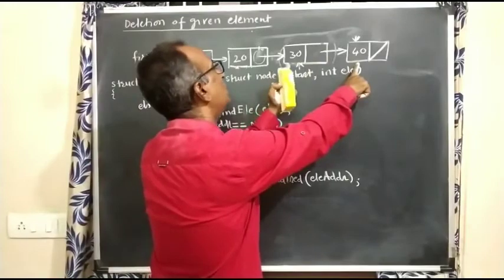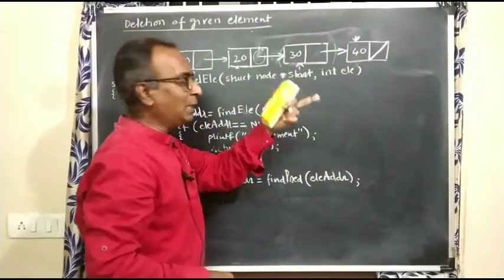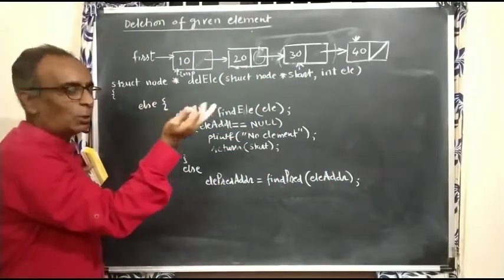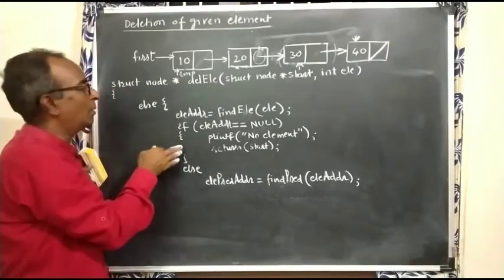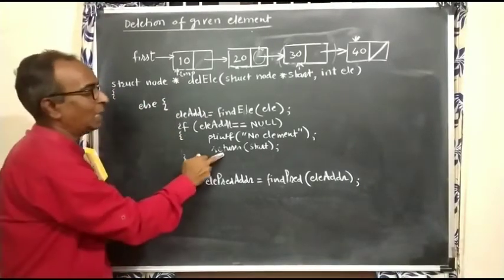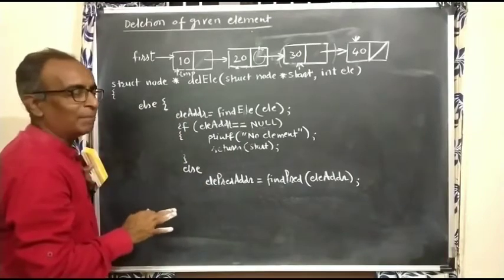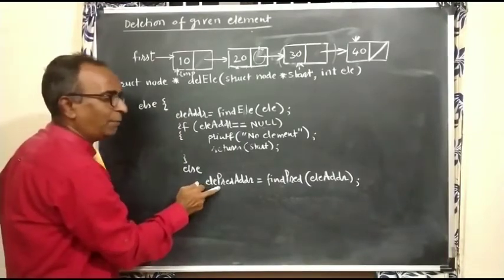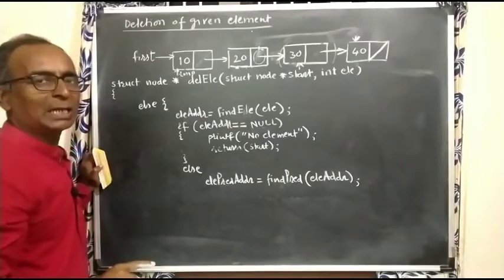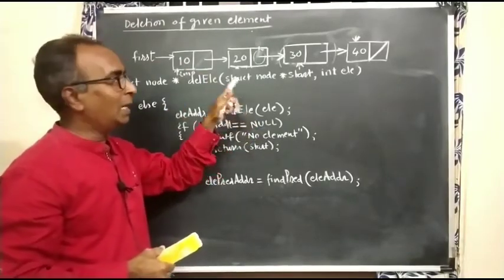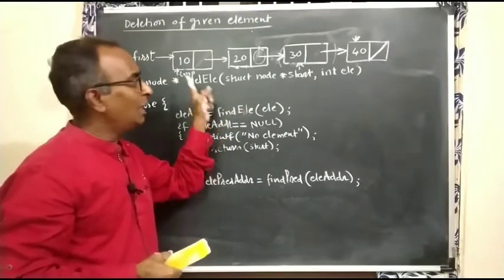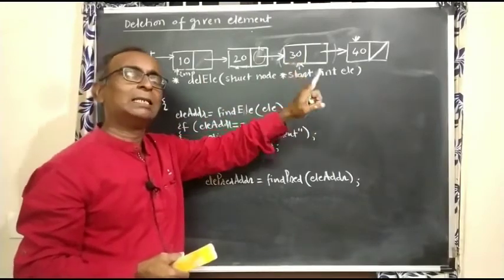For deletion of 40, the predecessor is this. For deletion of 50, it is not found; from here itself it will return to the caller, directly from here itself, right? So here you will definitely get the predecessor node's address, because we have confirmed that the element is present, the element to be deleted is in this list, and it has a predecessor.